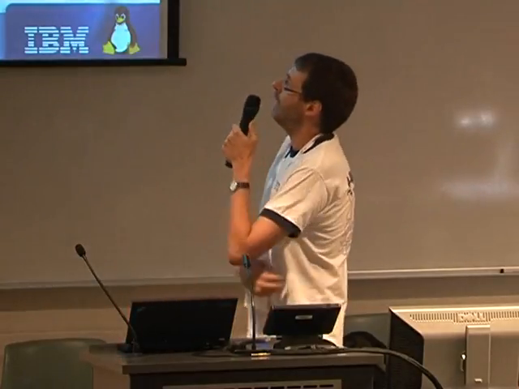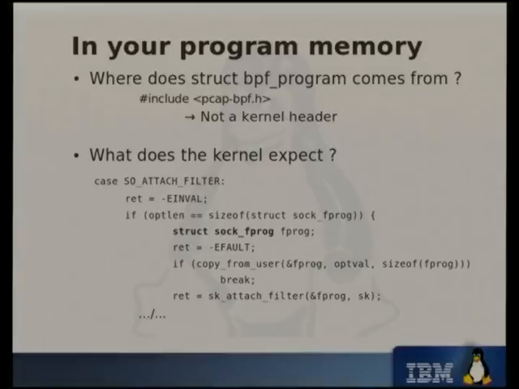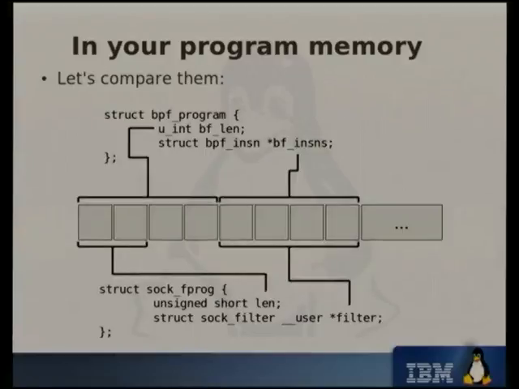Why? Well, the definition of that structure comes from the include file, which is not actually a kernel header. That include file comes from libpcap. If you look at the kernel source code, what it expects is a different structure called struct sock_fprog. If you compare those two structures, you notice that they are fairly similar, except that the first field, which defines the length of the structure, happens to be an int in bpf_program and a short in sock_fprog.